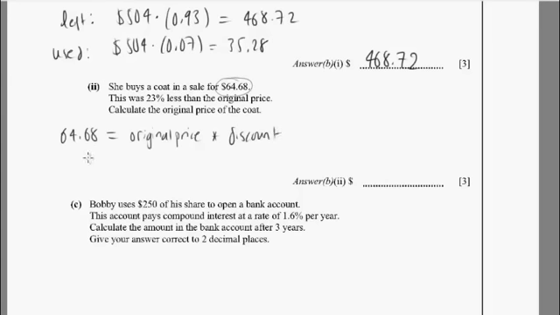In this case, we don't know what the original price is, so I'm just going to call this OP, but we know what the discount is. The discount is not 23%, but if it's 23% less than the price, that means that we're actually taking 77% of the price.